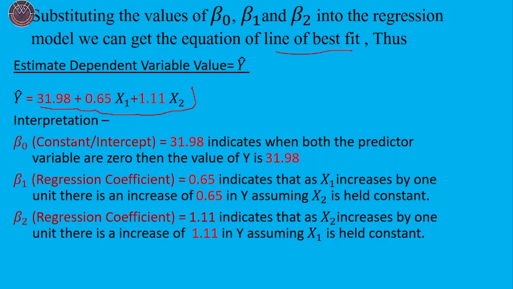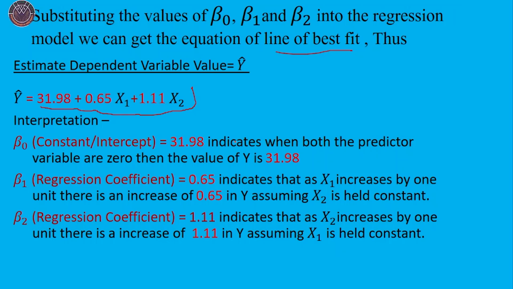Here beta 0 is 31.98. It means that when the predictor variables are 0, then the value of y is 31.98. Or we can say when your study revision time is 0, or class attendance is 0, then the test score is 31.98.